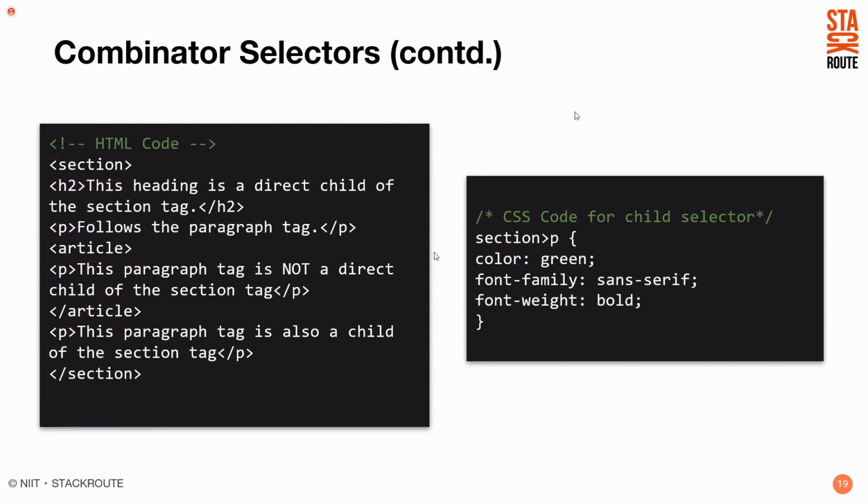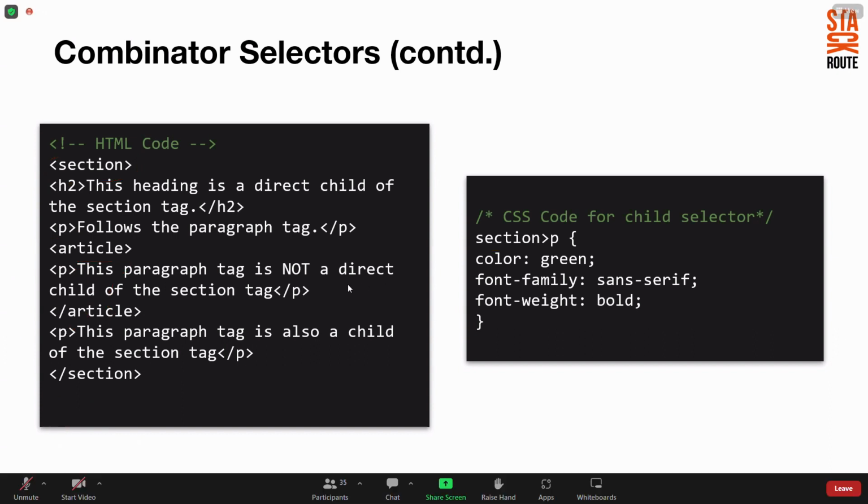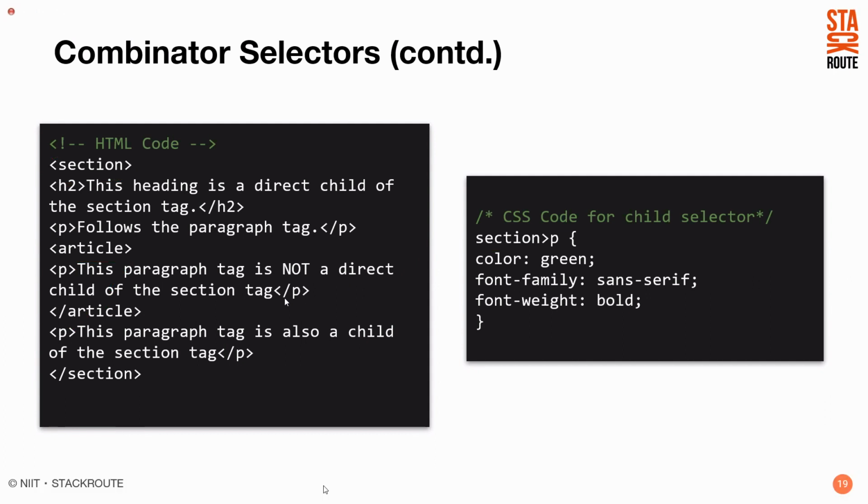Ma'am, can you explain the difference between section and division? Because I'm not able to interpret it. Section is a semantic tag. Div is a non-semantic tag. There is no difference in functionality, as I told you clearly yesterday.